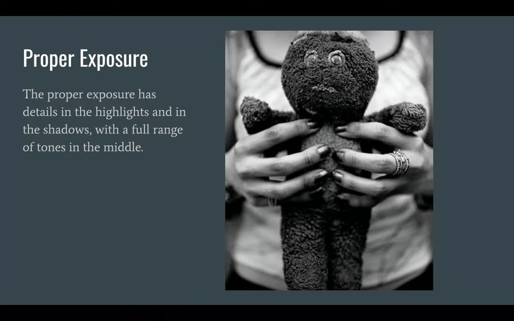If I say this photo has good exposure, that means that there's still details in the highlights and details in the shadows. So exposure is where you get a full range of tones, or you don't. Sometimes you can get an exposure that has really dark tones and we can't see a lot, or really light tones. But basically, it's the light in the image. How much light is being exposed to your camera?